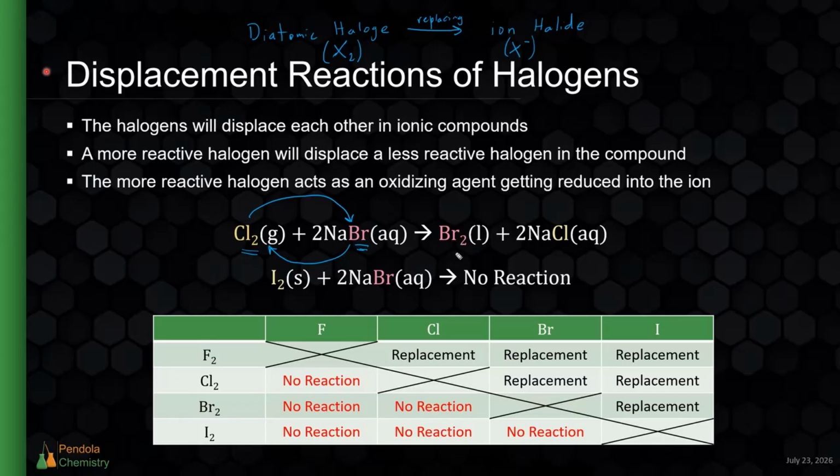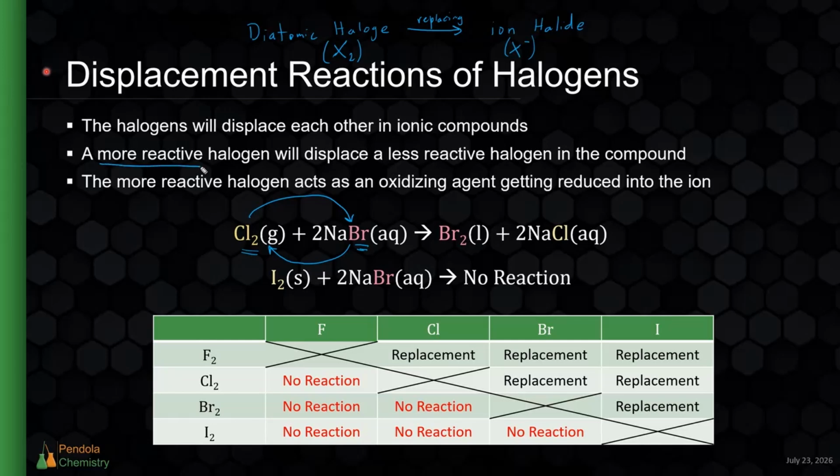Now, these reactions, being single replacement reactions, do not always happen. Remember that in honors chemistry, we learned about the activity series. And there was a specific activity series for nonmetals that only included the halogens. This is why. Halogens are only going to be able to replace each other if they're more reactive.